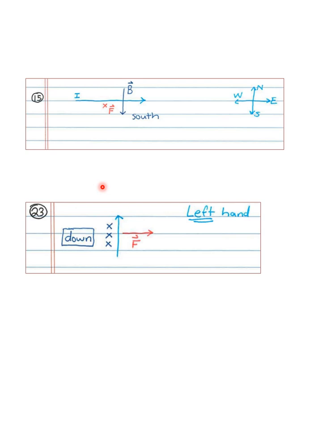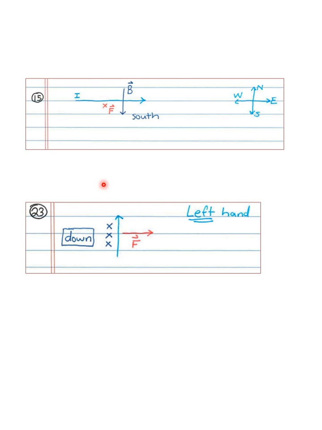Number 23, a negative particle traveling northward is deflected toward the east by a magnetic force. The direction of the magnetic field is, and it gives multiple choices. All right, so since it's a negative particle, we're going to remember to use our left hand, and let's draw what's given here. It says it is deflected toward the east, so I've drawn the force to the right. It's traveling northward, and so I've drawn it in the light blue going north.